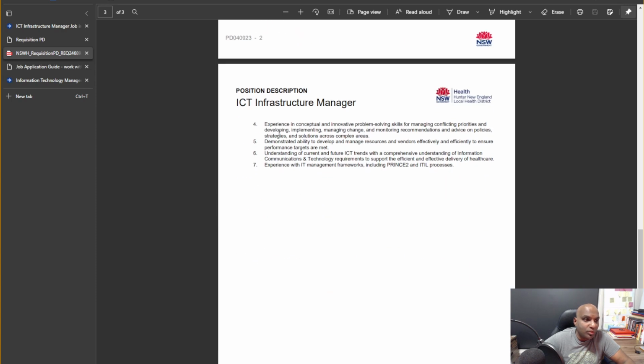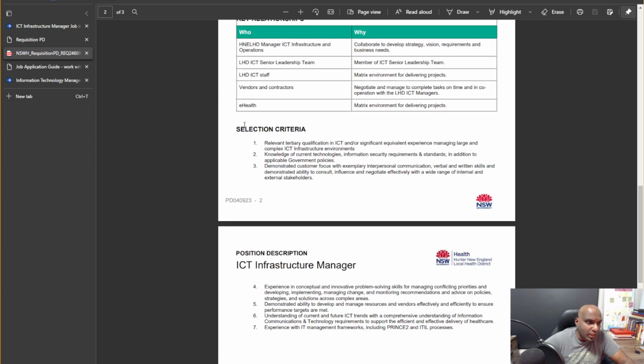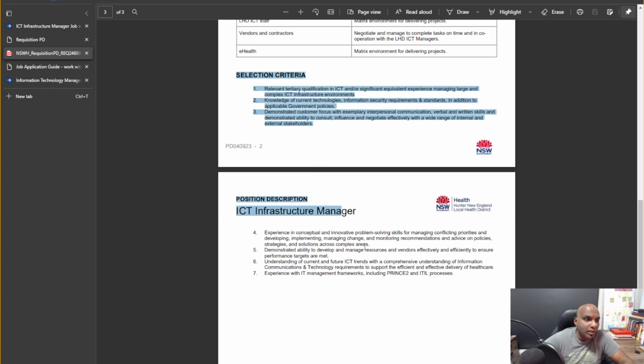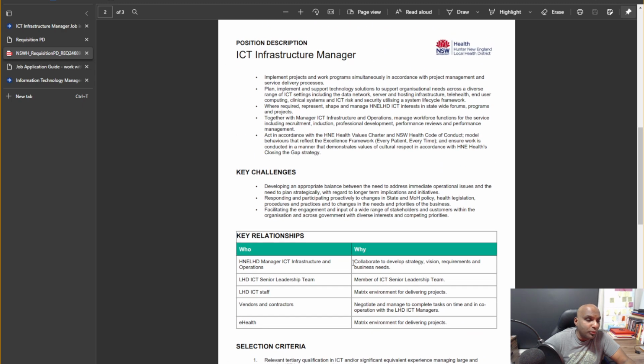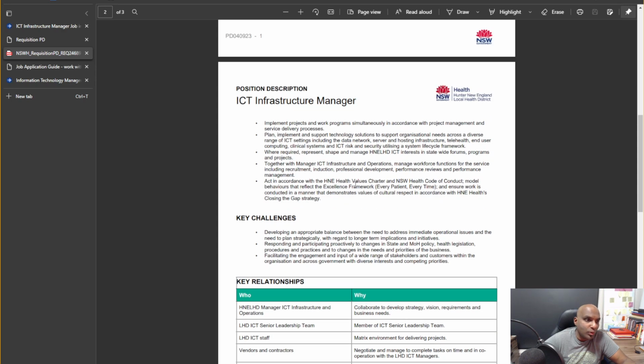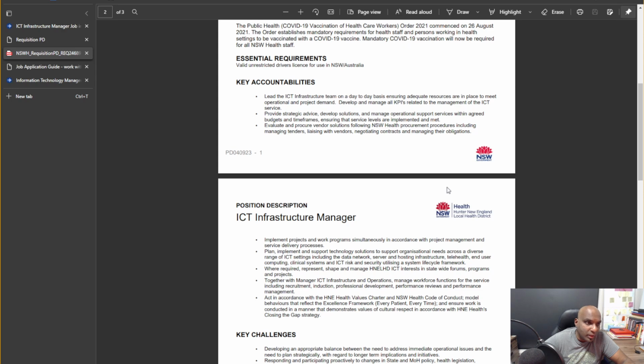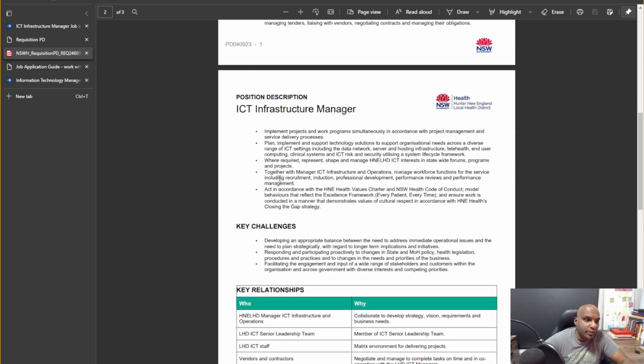So you would be mainly looking at ensuring that you cover these 7 selection criteria that they have here. That's the main thing that they'd be looking for. And then if you can also touch on how your strengths and your prior experience would help account for these accountabilities and challenges that you'd be able to solve for them.